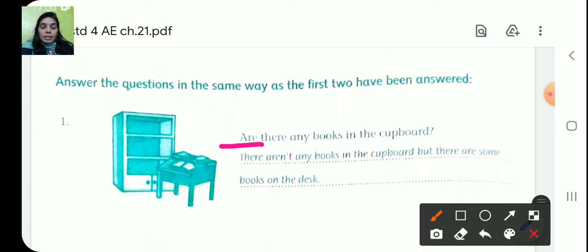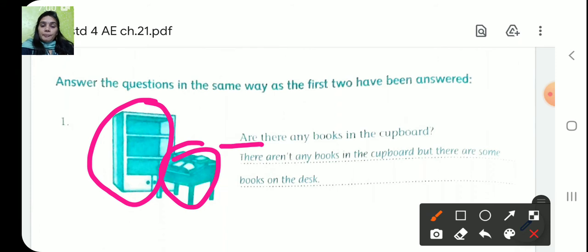So are there any books in the cupboard? Now see the picture. So cupboard. So is there any book? No, nothing is there. So can you see on the desk? Yes, there are some books. So what is your answer? There aren't any books in the cupboard. So first they are asking about the cupboard.